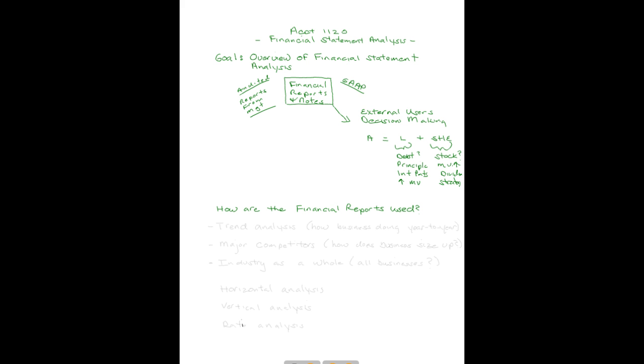First of all, let's talk about how the financial statements are used. We've talked about this a lot in the past, but let's bring it forward now. We can use these financial reports to do trend analysis. How's the business doing?